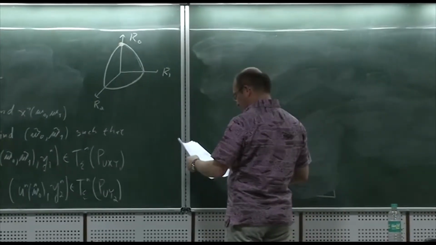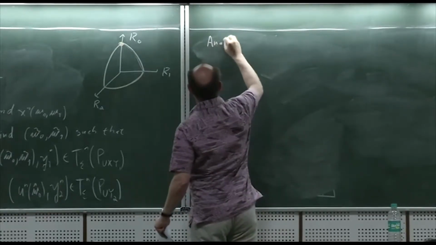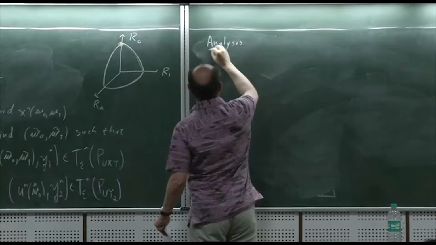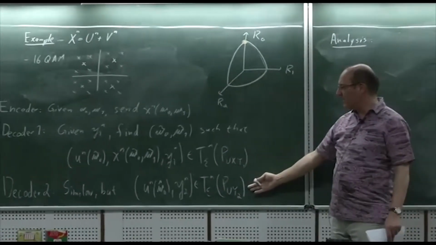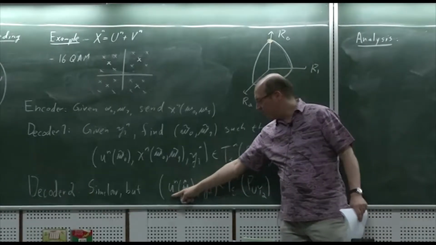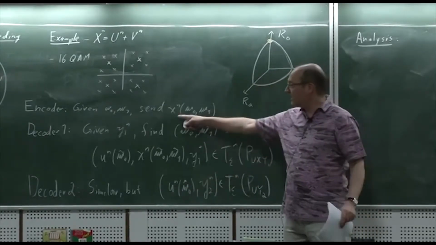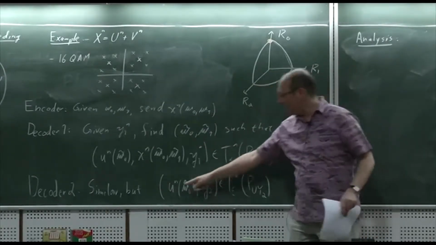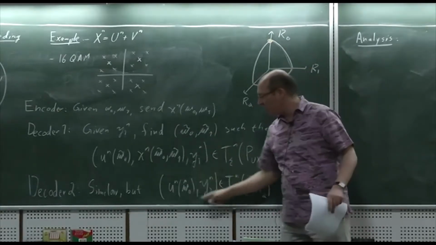Okay, so analysis. Error analysis. Well, let's start with the second decoder first. That one's a little bit easier. That one's kind of straightforward, right? For the actual transmitted message, U is typical with Y2. Why? Because U is typical with X, because X was stacked on U, and then we sent the X and Y2 came out of the channel. So these two are correct.